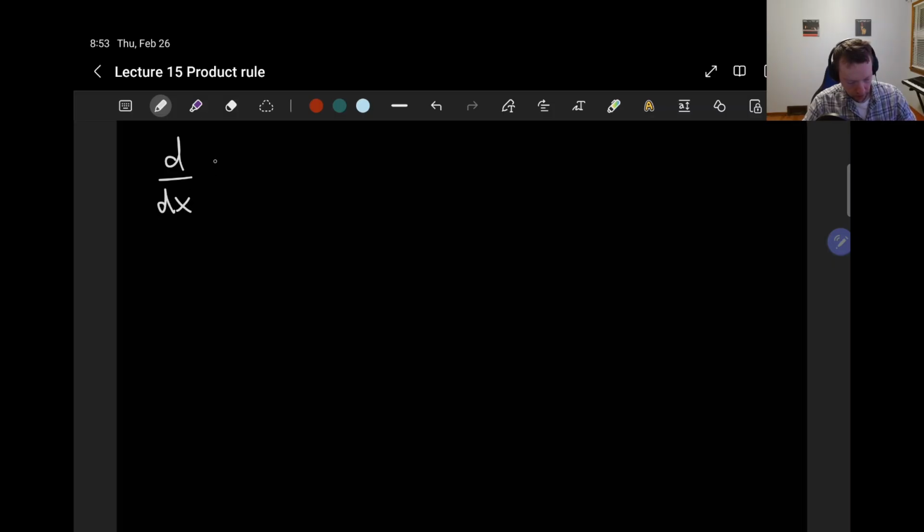So if I'm taking the derivative of a product of two functions, unfortunately, it's not the case that I would take the derivative of each individual piece. But instead it works like this.